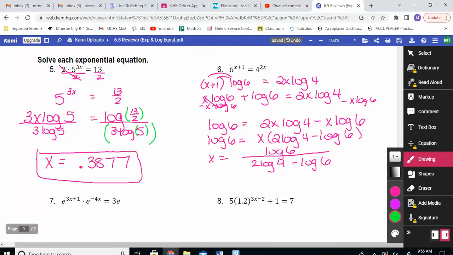So, again, every time you push the log, it opens a parenthesis, so you have to close that.